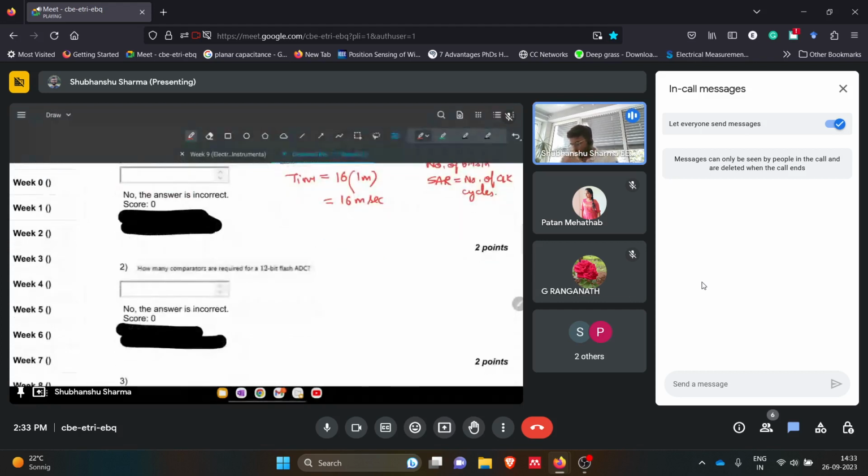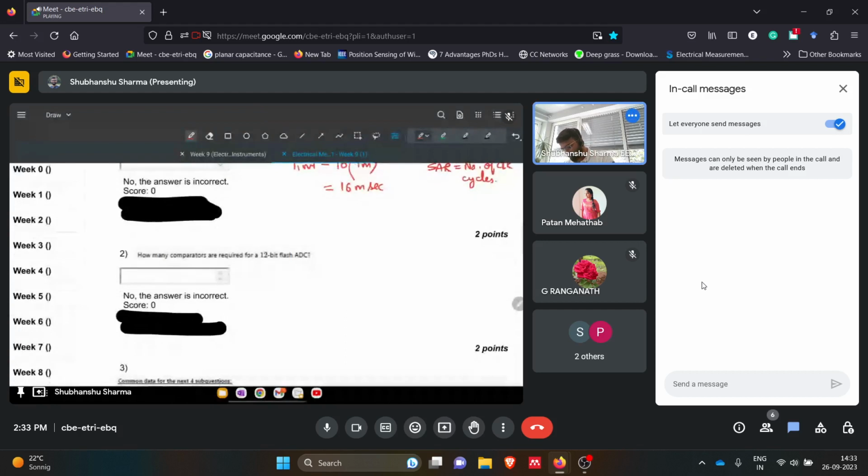Then we have the next question. How many comparators are required for a 12-bit flash ADC? I think you have read about this in the lecture, and there is a direct formula for that. You don't have to memorize how many comparators there will be each time.